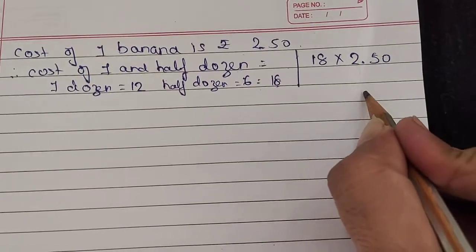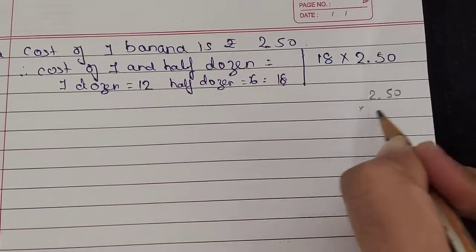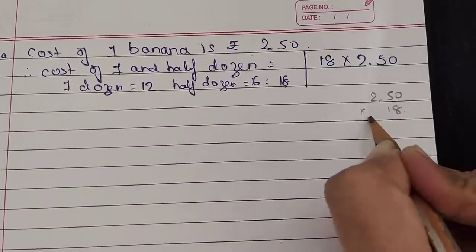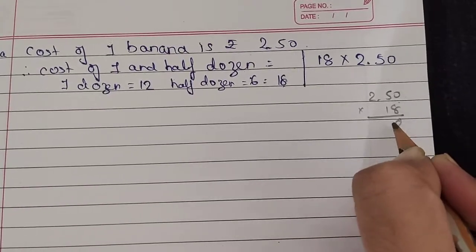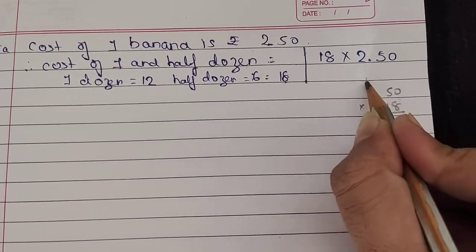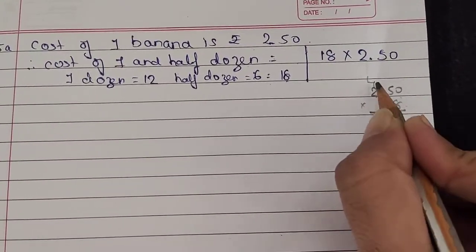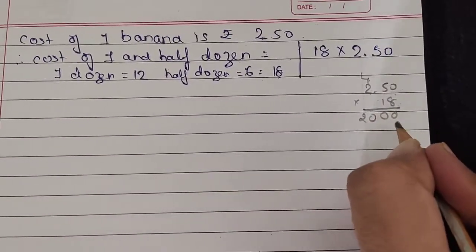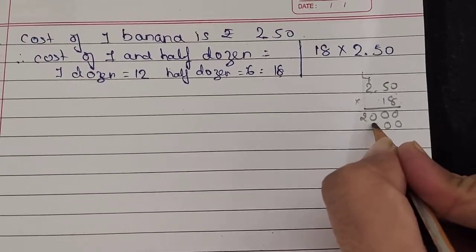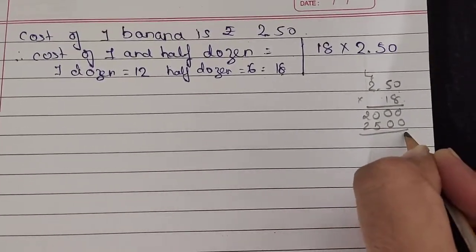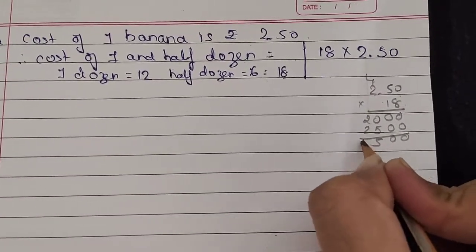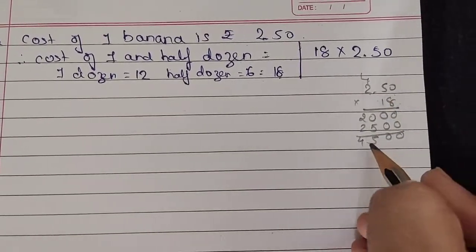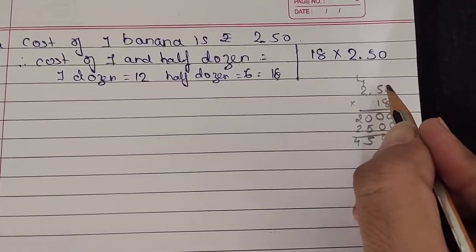Let's see. 2.50 multiplied by 18. 8 zeros are 0, 8 5s are 40, 0 4, 8 2s are 16 plus 4, 20. In the next line put a 0, 1 zeros are 0, 1 5s are 5 and 1 2s are 2. Now 4500, put a point after 2 digits.